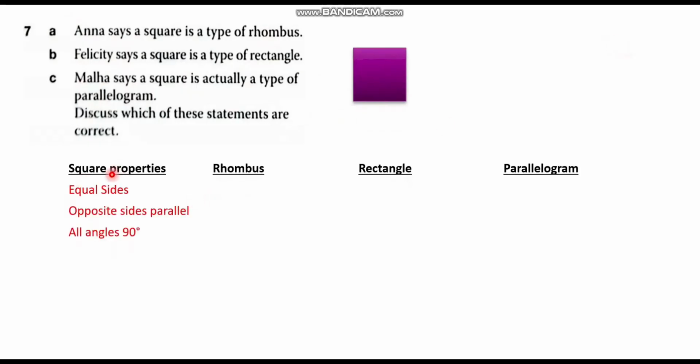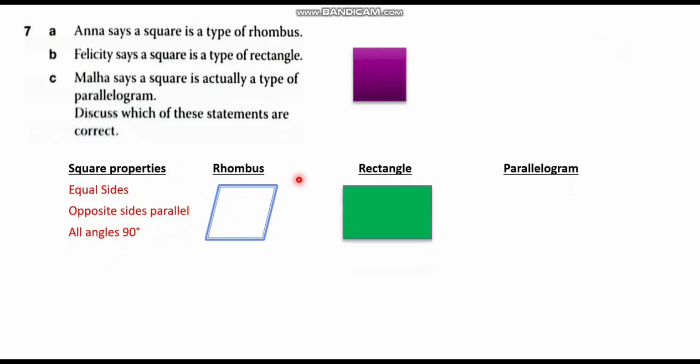Now, in square properties, we have to see the rhombus. In a rhombus, we can see that it also has opposite sides parallel and all sides equal, like a square. So we can say that a square is a type of rhombus.